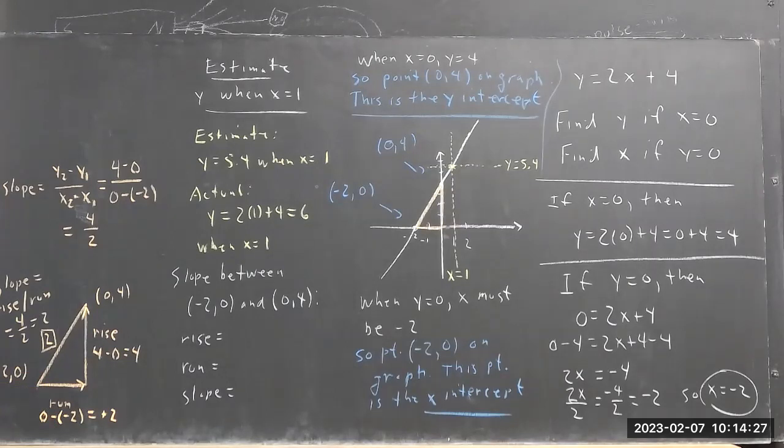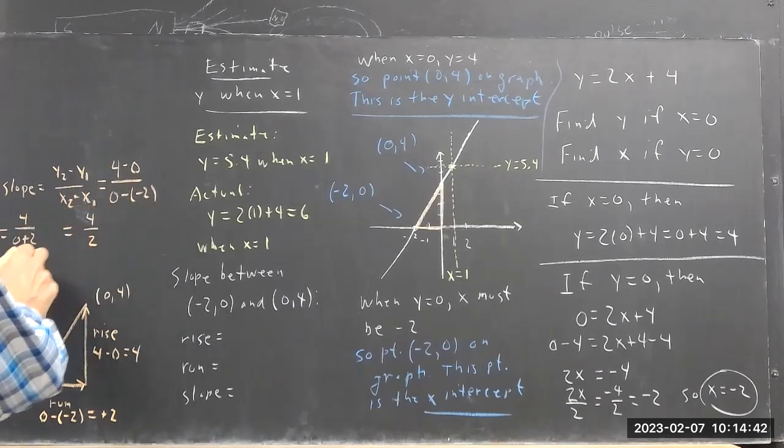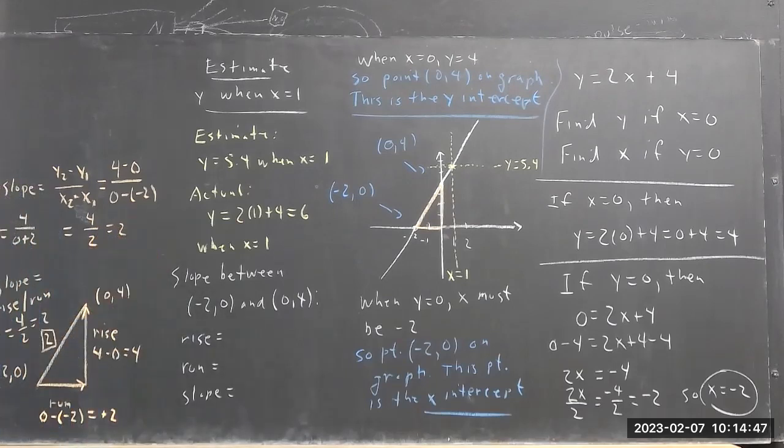Okay. So you got a minus and a negative. And you get 4 over 2. That gives us 0 plus 2 because of the 2 negatives, and that's where we get the 4 over the 2, which is 2, and that's the slope.